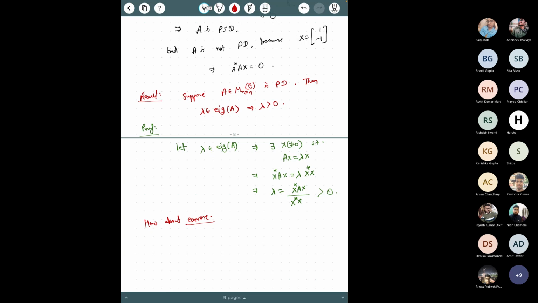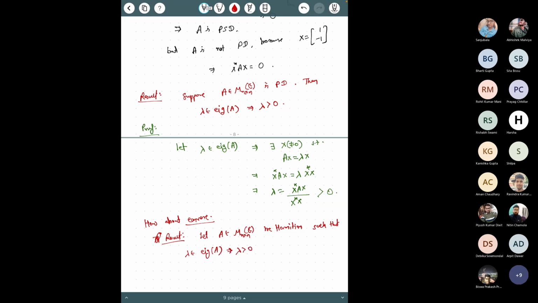Right. Exactly. So the converse, you can write as a result. Let A be Hermitian such that lambda is an eigenvalue of A implies lambda greater than 0.